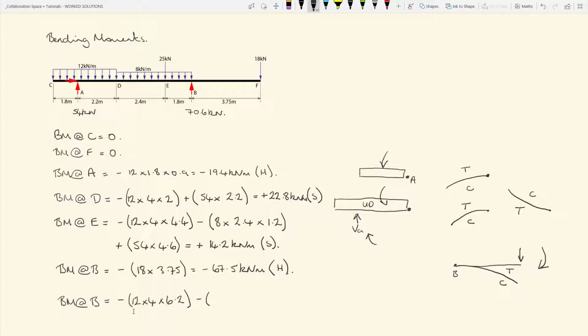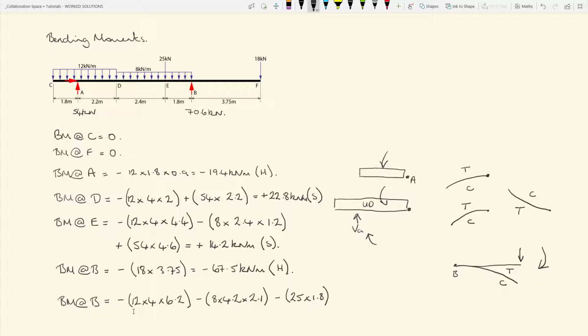Now minus 8 times 4.2 times 2.1, again taking moments about B, minus 25 times 1.8.